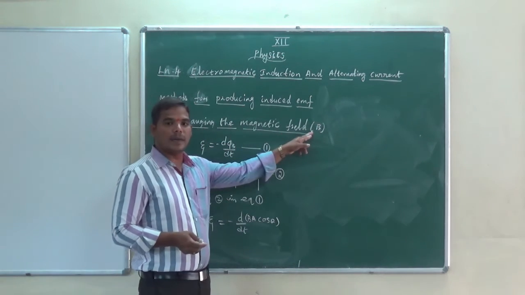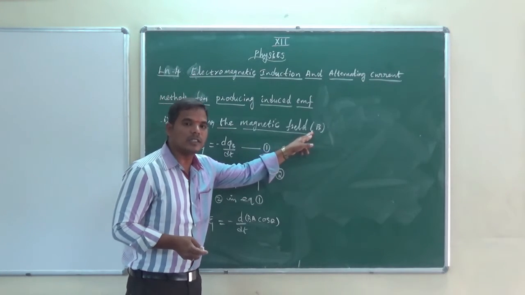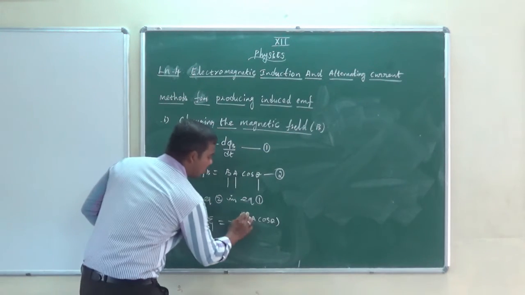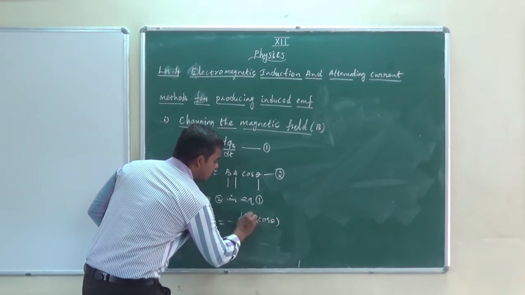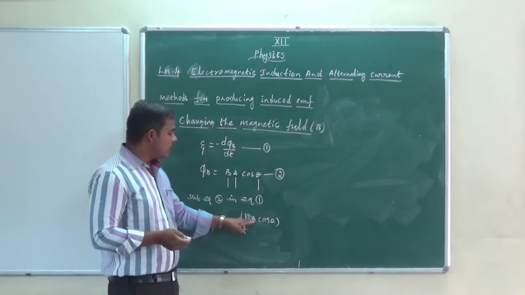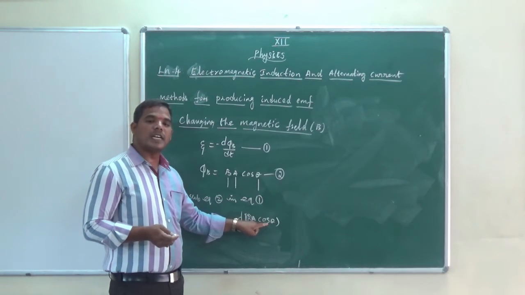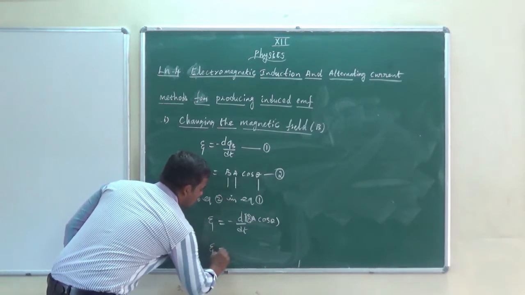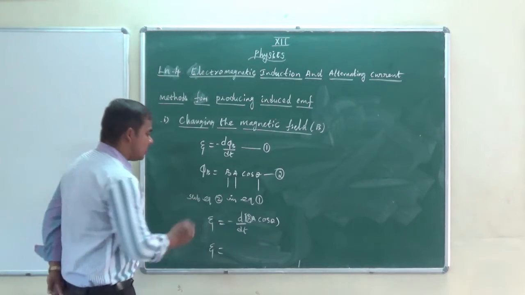Changing the magnetic field. Here the magnetic field is represented by the symbol B, see, I circled that. And the rest of the terms, area and orientation of the coil, are constant. So which terms are constant?